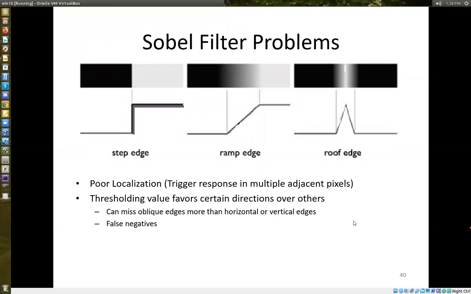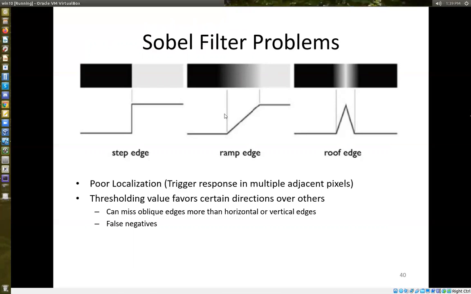This is probably not just for the Sobel filter, but many edge detectors can have this kind of problem. If you have slowly varying edges, you may not do too well and may not be able to catch them.